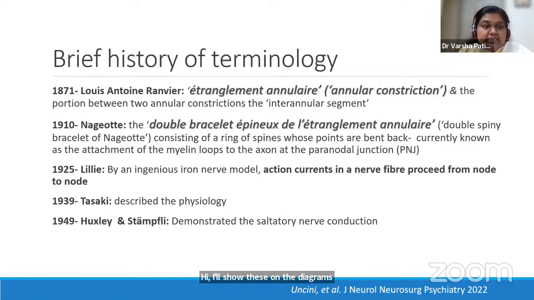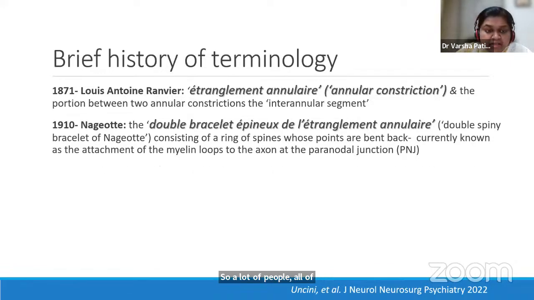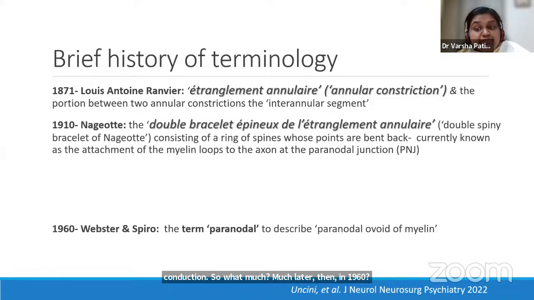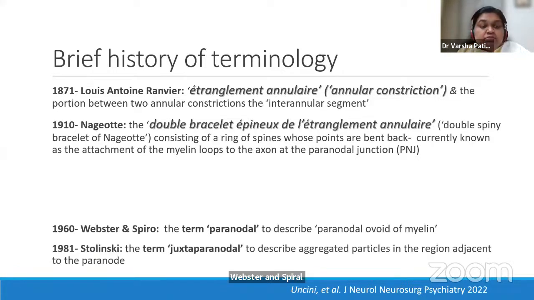A lot of people, Levy, Tasaki, Huxley, Stämpfli, all of them demonstrated saltatory nerve conduction. Much later, in the 1960s, Webster and Spiro came with 2 terms. So he said paranodal for the paranodal region of the myelin. And Stolinski said that there is a juxtaparanodal region for the aggregated particles which are close to your paranode.